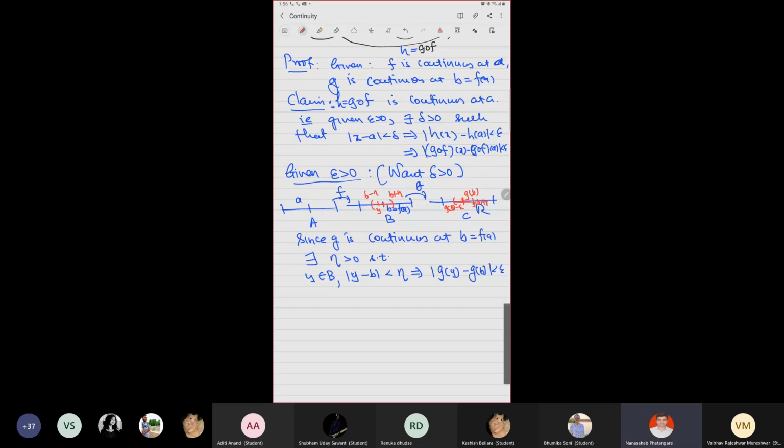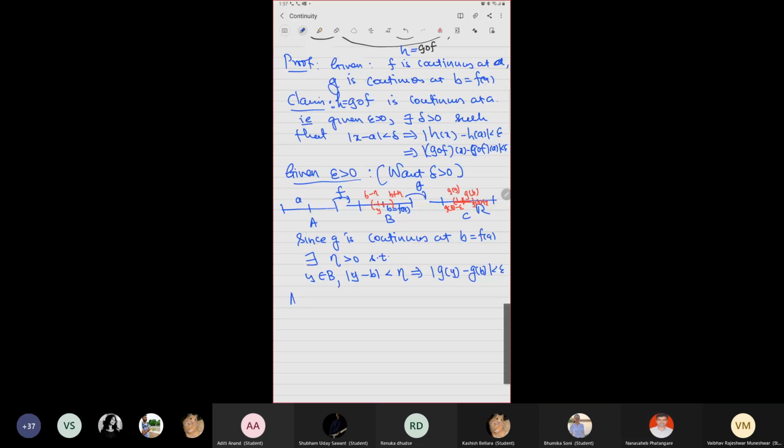So if y is here, g(y) is in this range. This is the situation. So given epsilon, we produce eta. But now we are backtracking the delta. So now we found eta, an eta neighborhood of b.